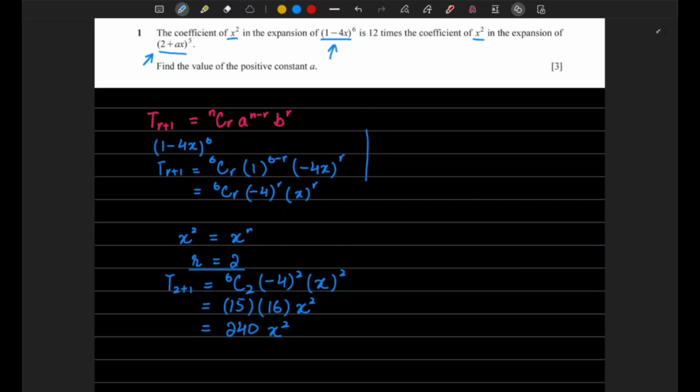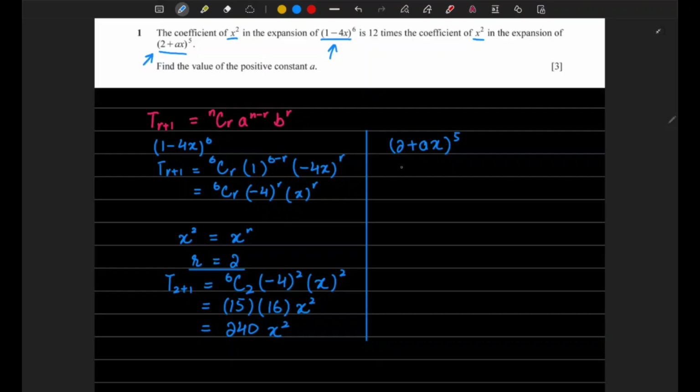Now we are going to use the same term formula for the second bracket. I'm doing it side by side so that we can easily look at both. So 2 plus ax is your second term, (2 plus ax) to the power 5.